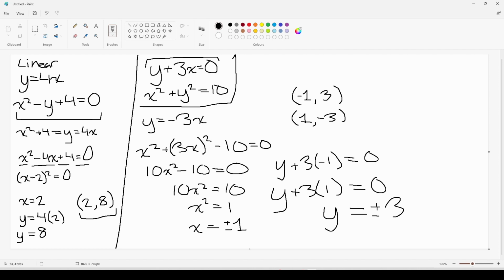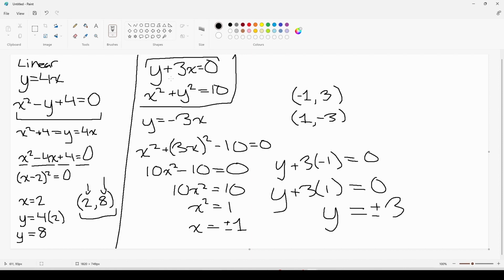You can complete the square to x minus 2 in brackets squared equals 0, which tells us that x is equal to 2, which we can then sub back into our y equals 4x to give us y equals 8 and a point, which is 2, 8.